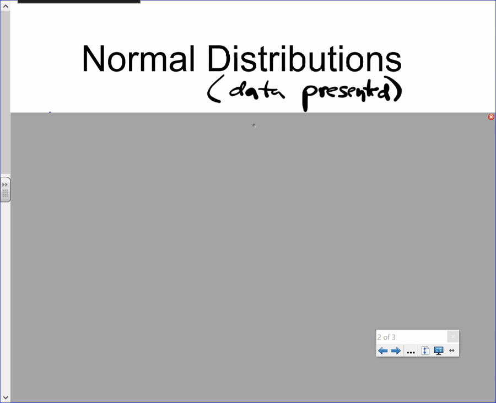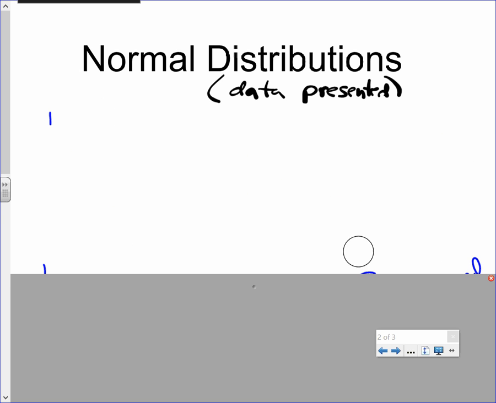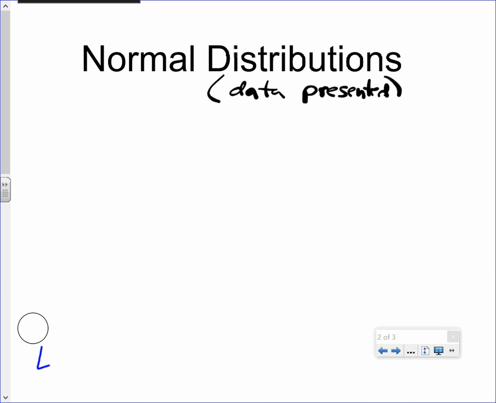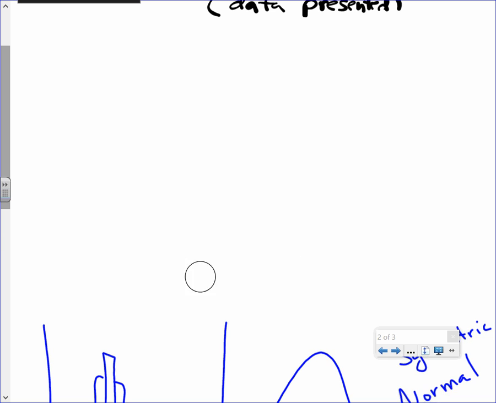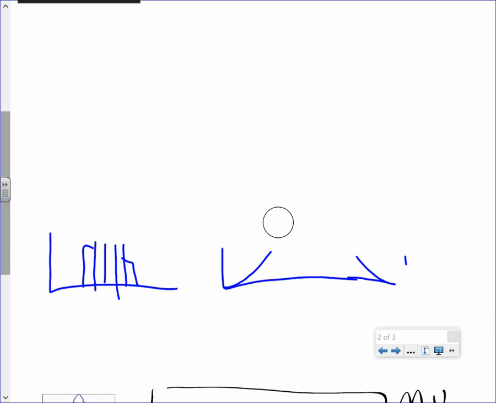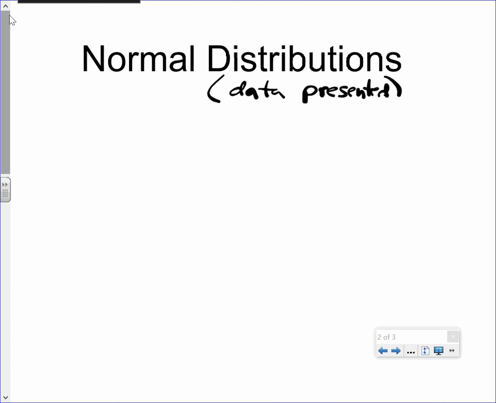For instance, here's what I mean by data presented.